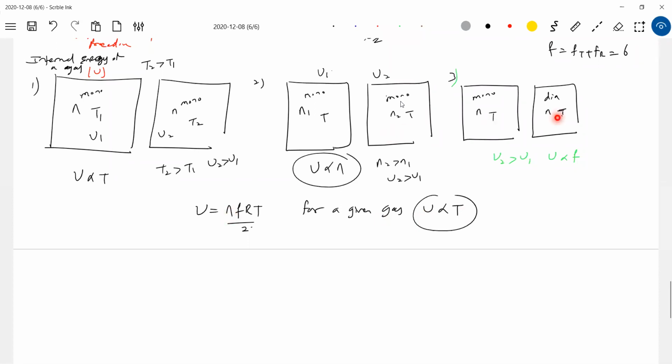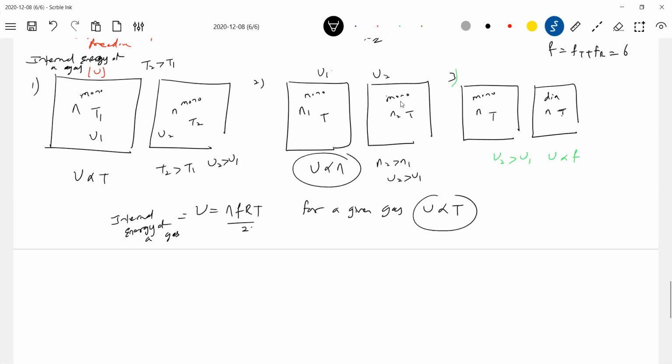Okay, I do have it here. So like this, what happened? We have brought an expression for the internal energy of a gas. Able to understand this one? Like this, we are writing n f R T by 2. And this is something very, very important. We'll be discussing more numericals related to this internal energy.